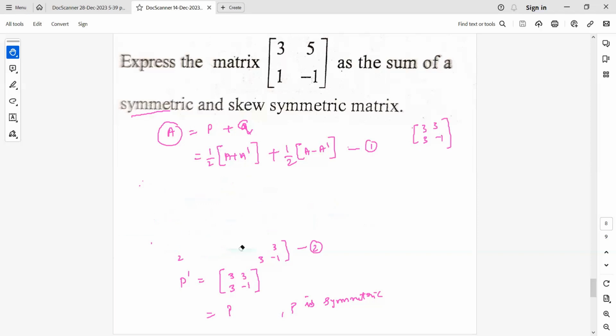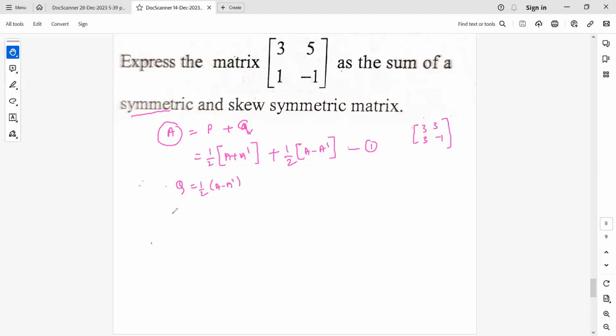Next, we need to find the skew symmetric part now. To find the skew symmetric part, we are using Q. Consider Q equal to 1 by 2 (A minus A dash).